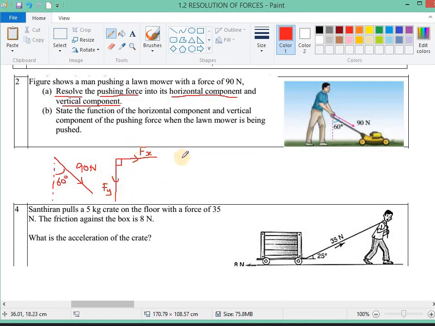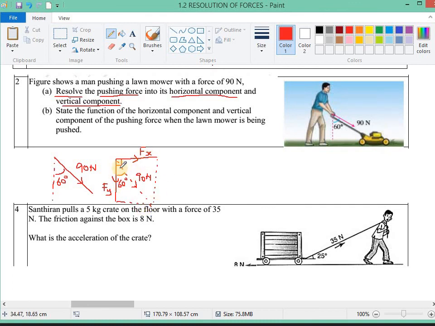The concept that we use is the parallelogram. That means the length of the side of the parallelogram represents the magnitude of the force. The parallelogram that we can get is like this. This is the 90 Newton, and this is the 60 degree.